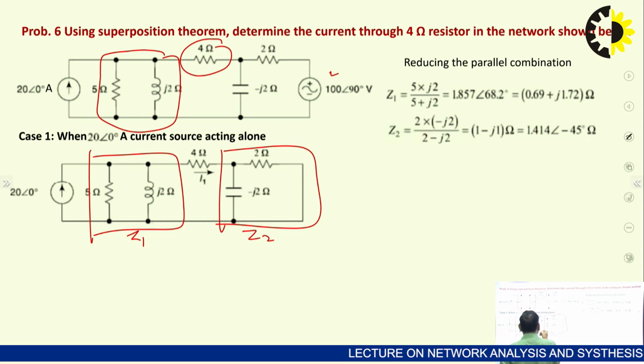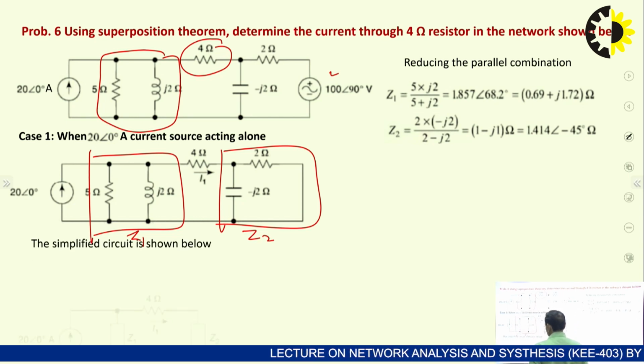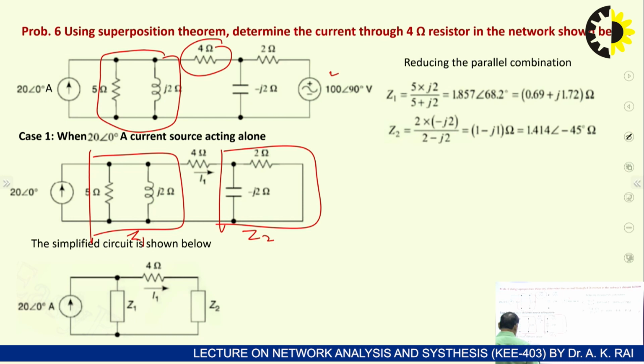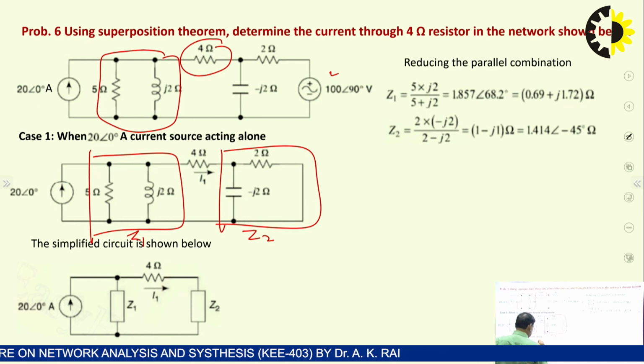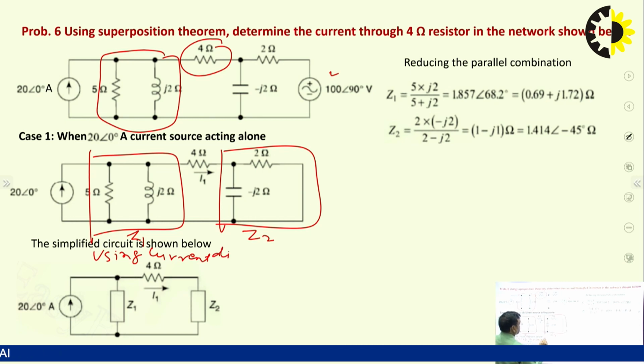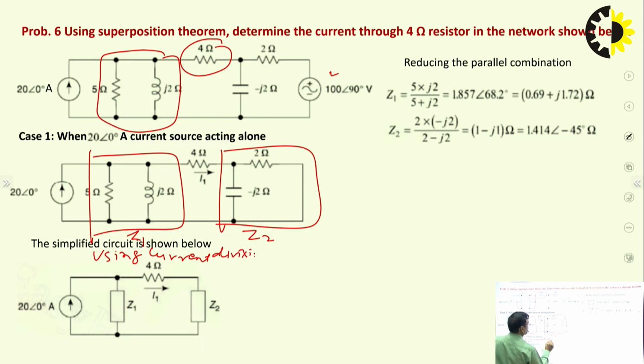Just simplify this circuit and it will look like this, with Z1 and Z2. Now it is very easy to find the current using current division.